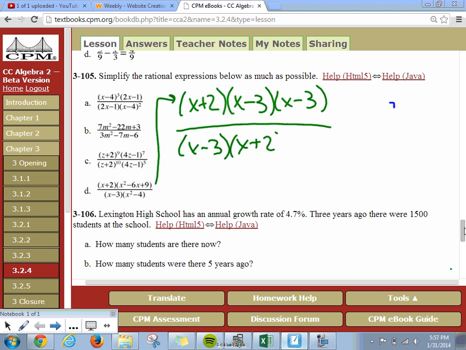And down below, we've got an x minus 3, and then a difference of 2 squares, because we have x plus 2 and x minus 2. Really quick, you can see that our x minus 3s will cancel, and our x plus 2, and we'll be left with x minus 3 divided by x minus 2. That should be a minus sign, my bad.